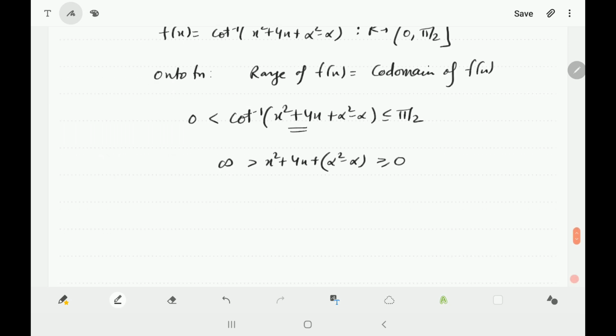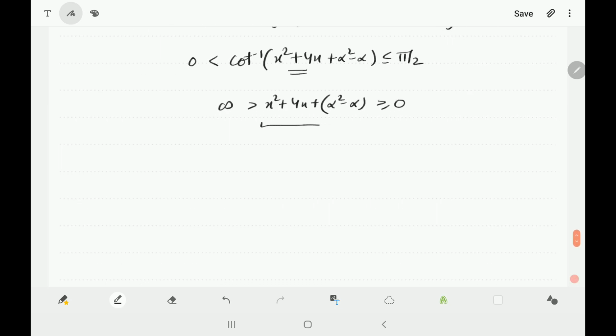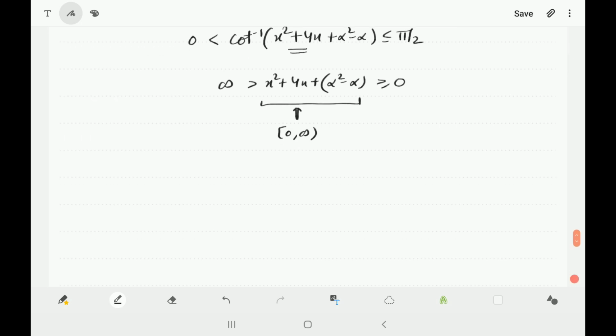Okay, so we have to make sure that this parabola x square plus 4x plus alpha square minus alpha has a minimum value of 0. Its range should exactly be closed 0 to infinity. Okay, so the minimum value should be 0. For that, we have this parabola x square plus 4x plus alpha square minus alpha. This parabola has a vertex at x coordinate minus b by 2a, which is minus 2.